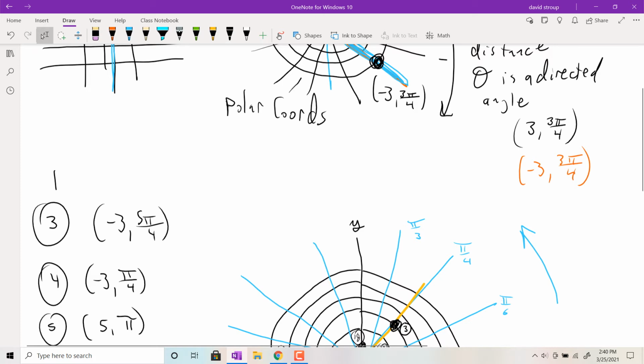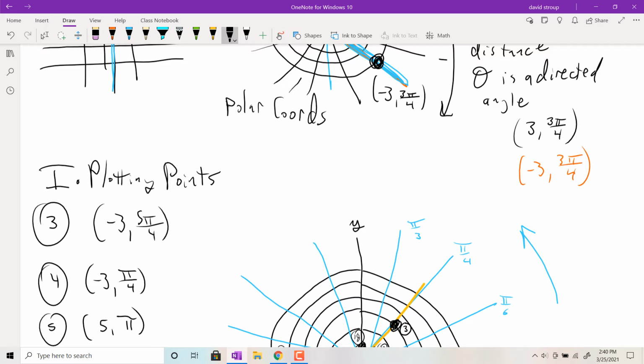Now, I didn't say this, but this is section 1, polar plotting points, actually.